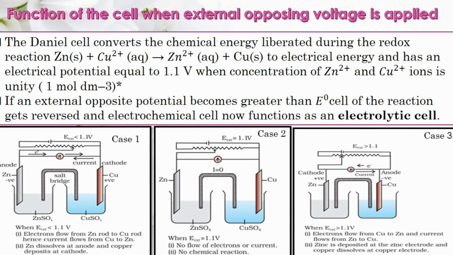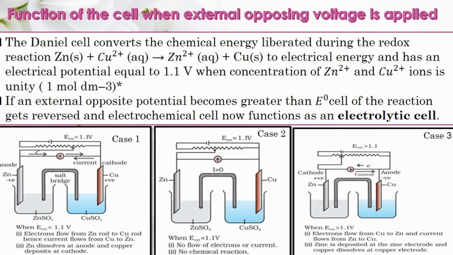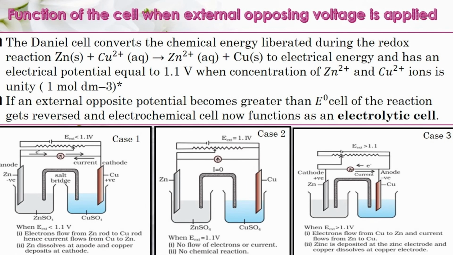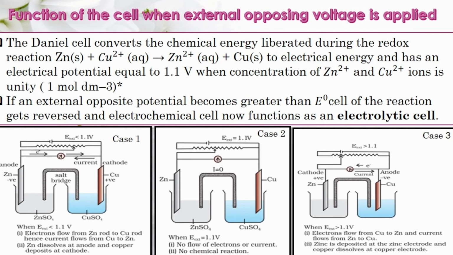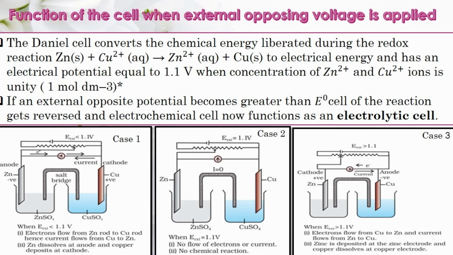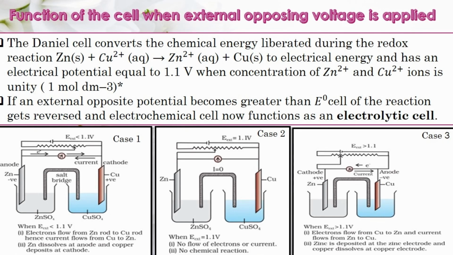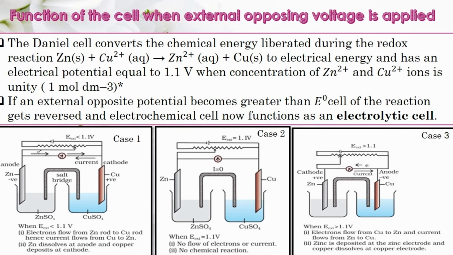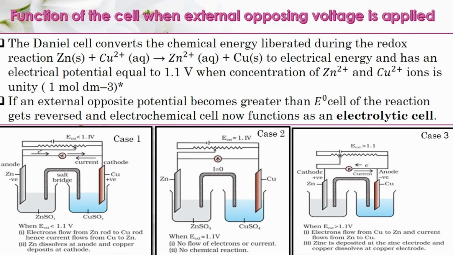The first case is an external opposite potential less than 1.1 volt, the second is equal to 1.1 volt, and the third is more than 1.1 volt.